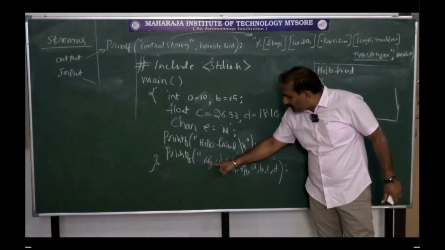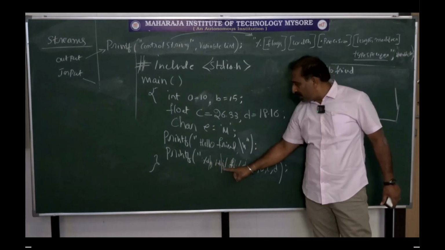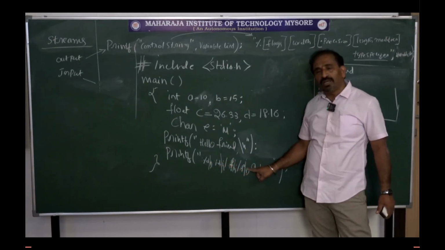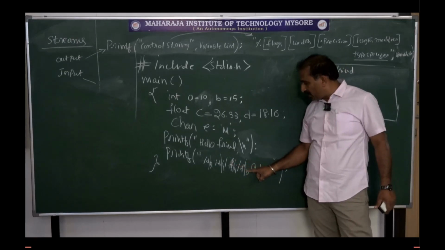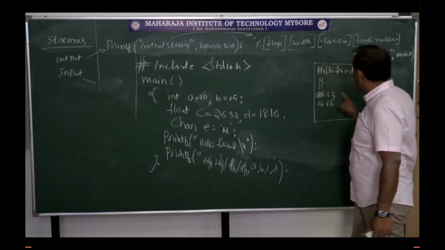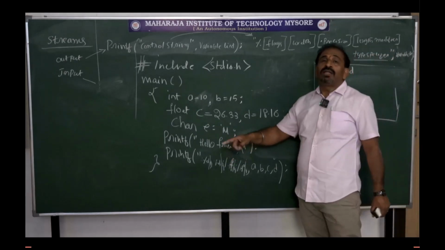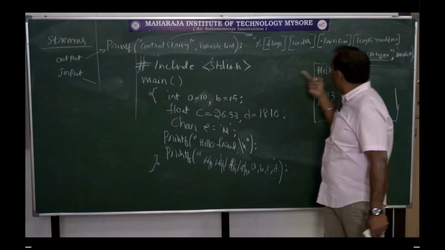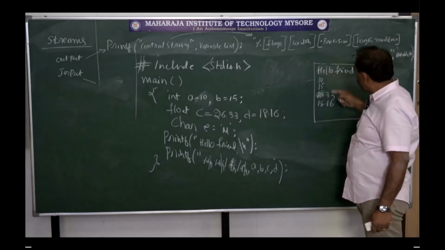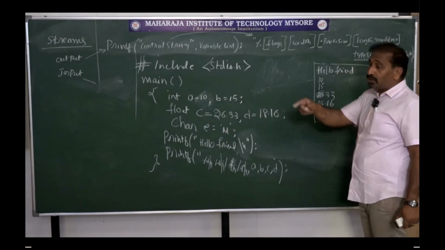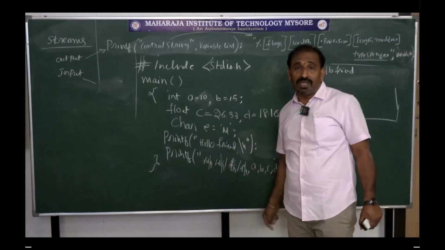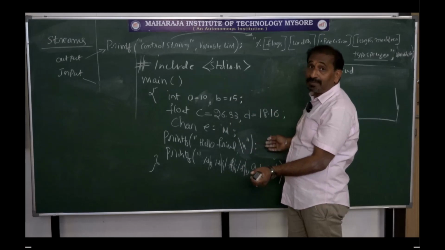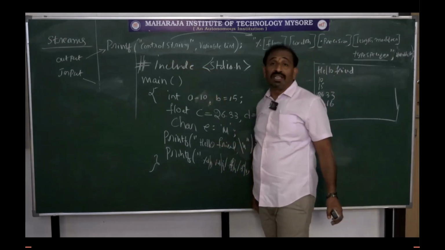Because after %d I have added \n, %d \n, %d \n, %f \n, %f \n. So I am telling the stream to please add one new line, and it goes to the next line. What is printed on the monitor you are now controlling in the form of a stream. That's why it's called streams.